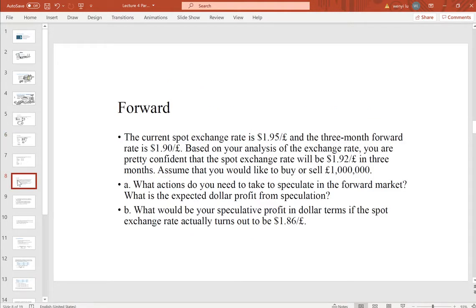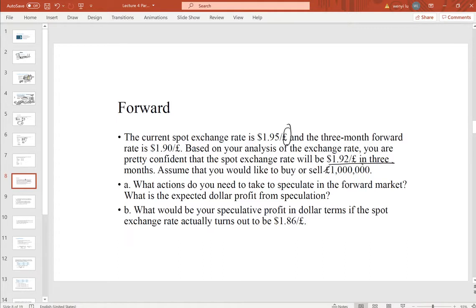Next question. The current spot exchange rate is $1.95 per pound. The 3 months forward rate is $1.9 per pound. Based on your analysis, you are pretty confident the spot rate will be $1.92 per pound in 3 months.